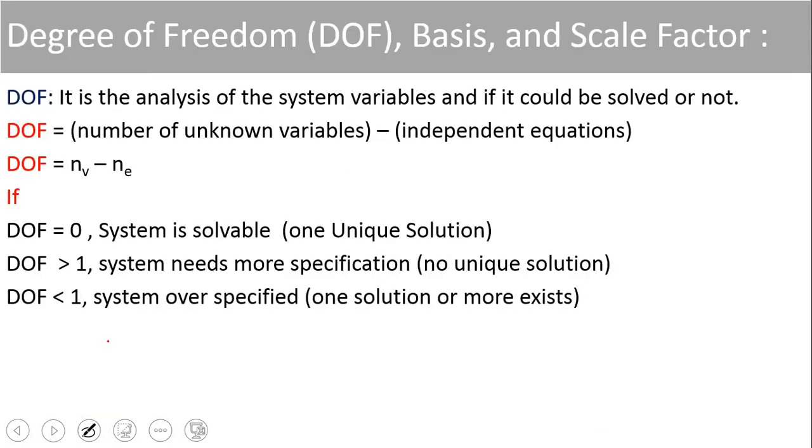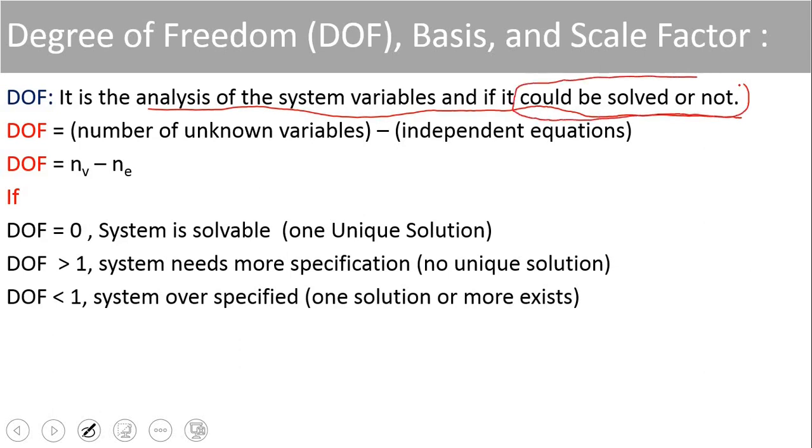So let's move on to one of the most crucial concepts, which is the degree of freedom and basis and the scale factor. Degree of freedom is the analysis of a system's variables and whether it could be solved or not.